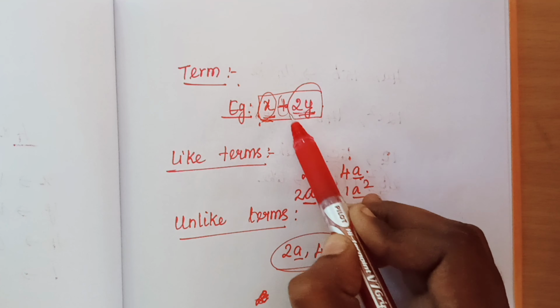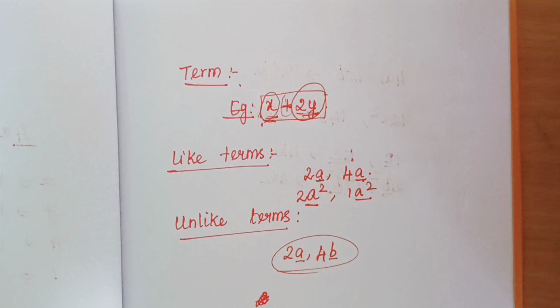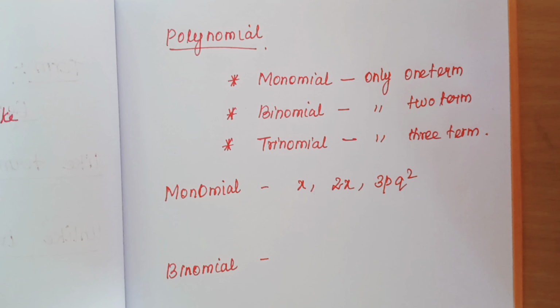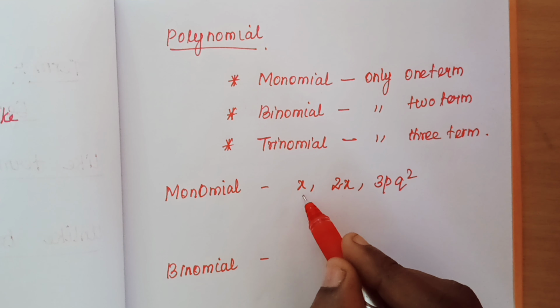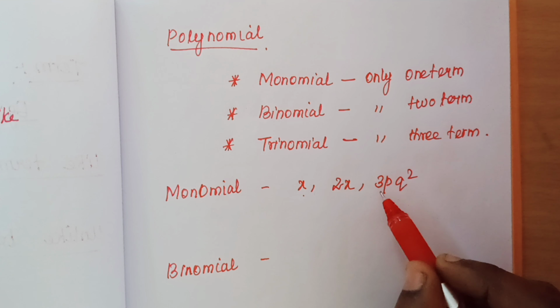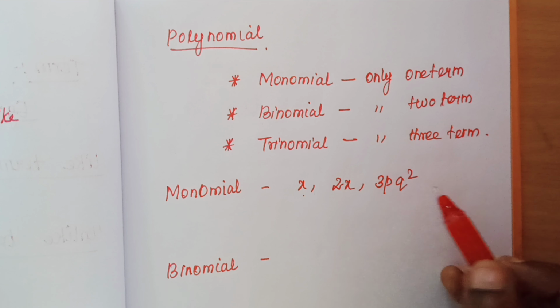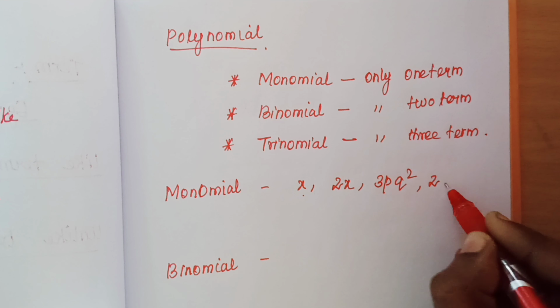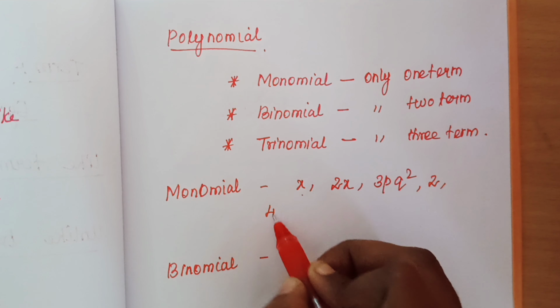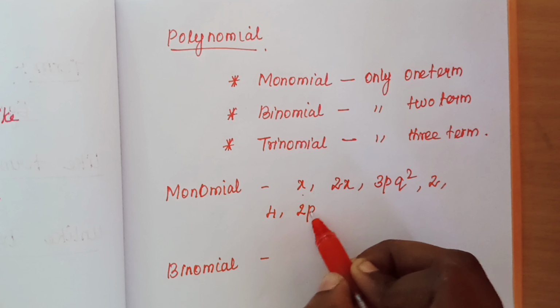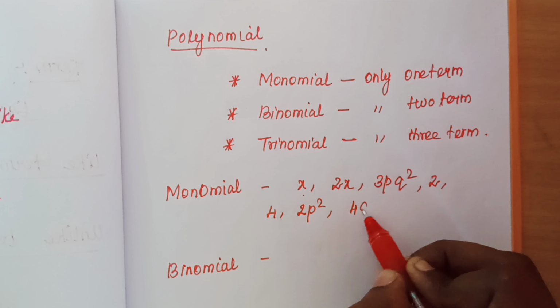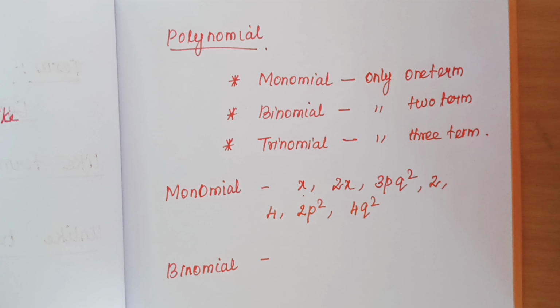So this is the first term and this is your second term. So in my monomial, how many terms do you have? Only one term. These are the examples: x, 2x, 3pq square. Then what else? 2, then 4, then 2p square, 4q square. These are some examples for monomial.